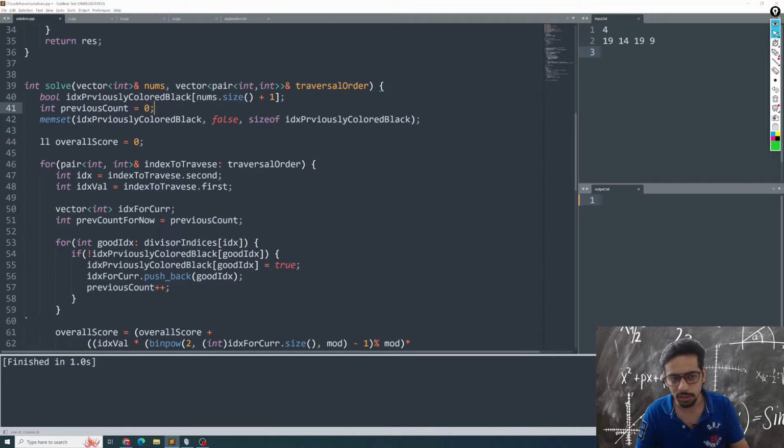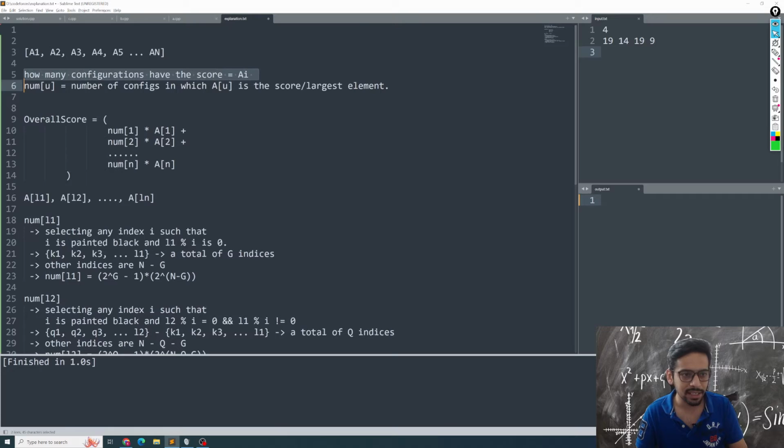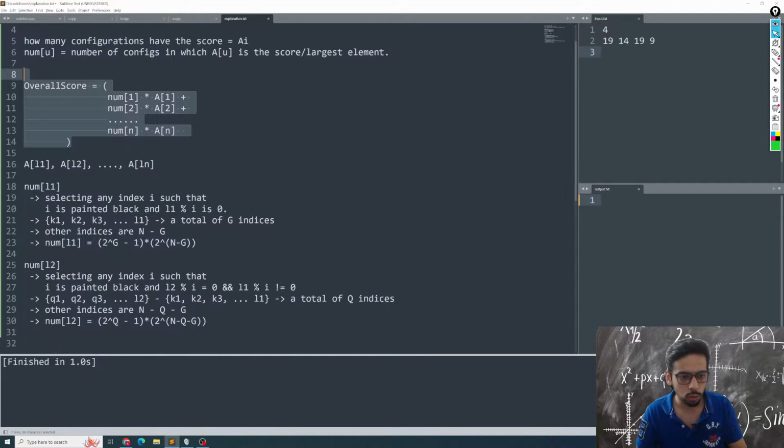Previous count is 0. This is nothing but the number of elements in this array that are equal to true. Marking this array as false. Overall score initially is 0. I'm going to use exactly this formula to calculate my overall score.